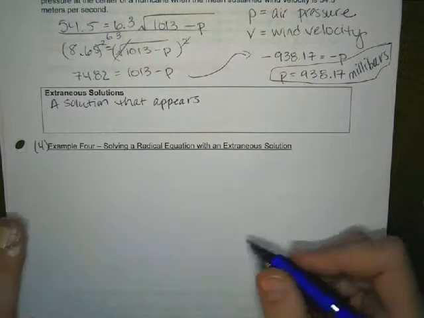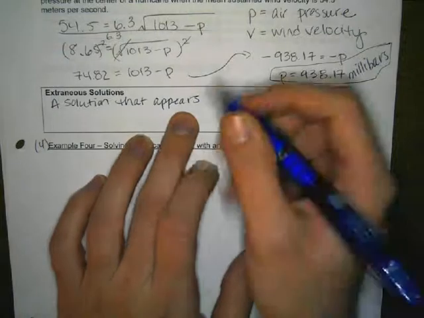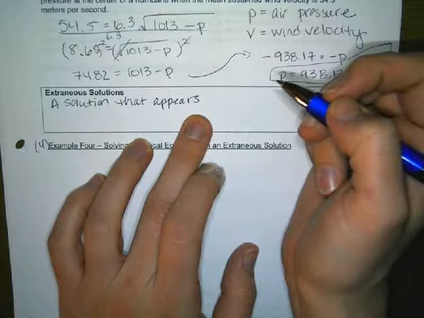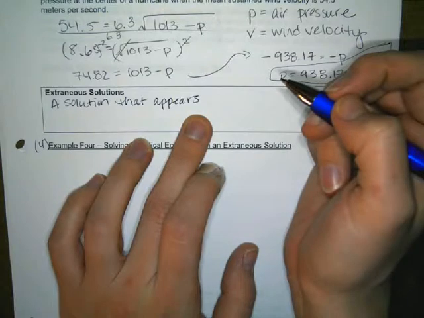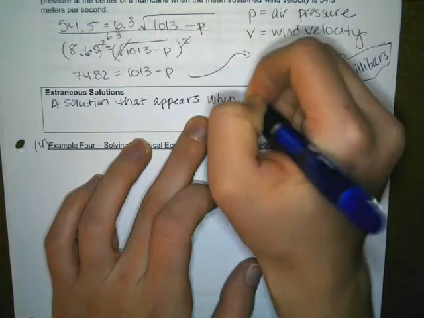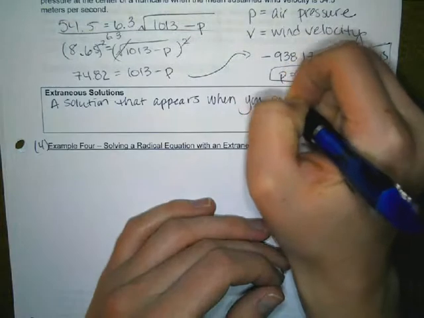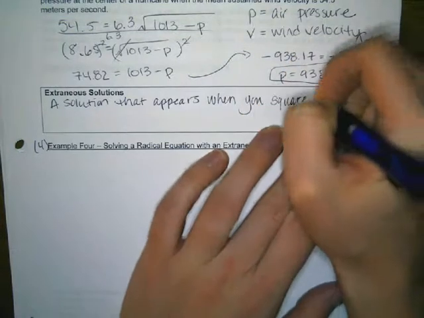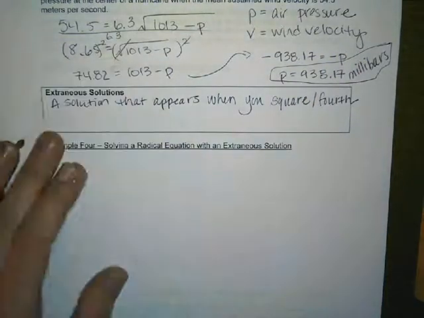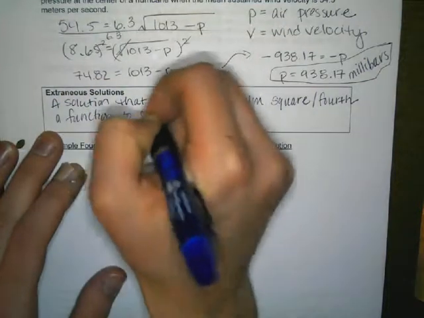A solution that appears. Alright, so an extraneous solution we'll talk a little bit more about here in a second. But it's a solution that appears when you square or raise to the 4th power a function to solve for x.